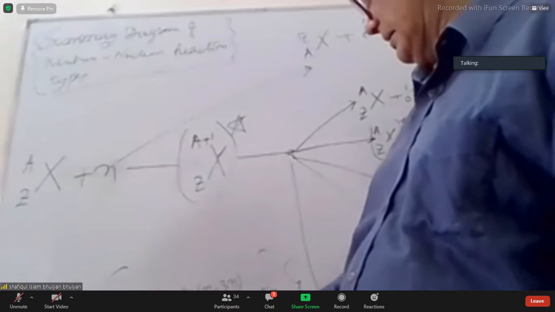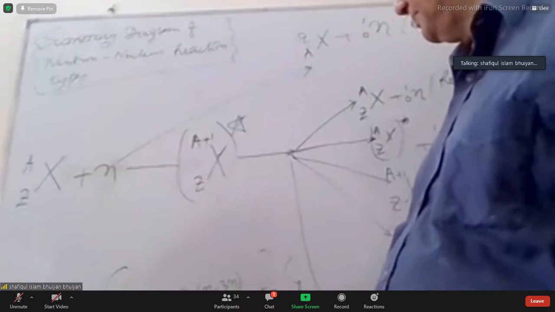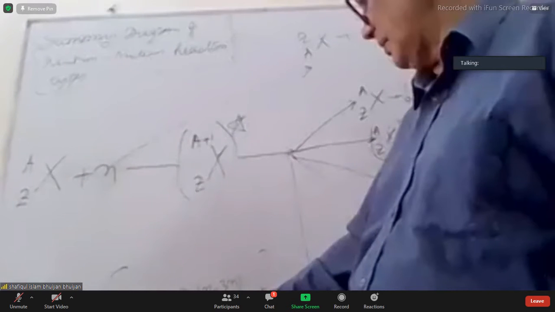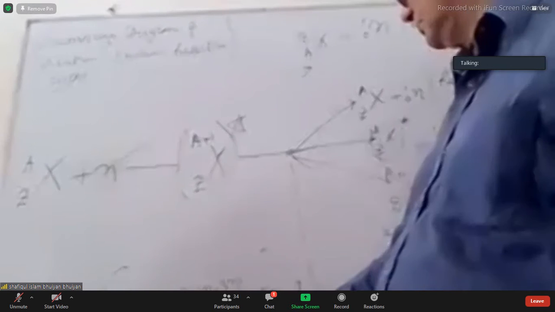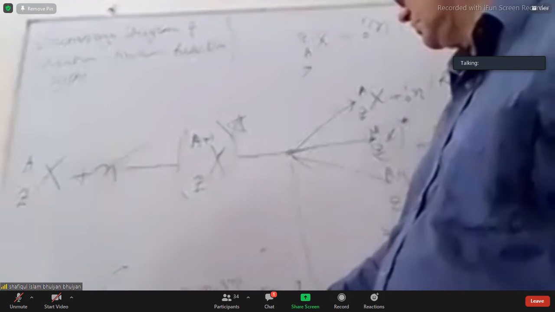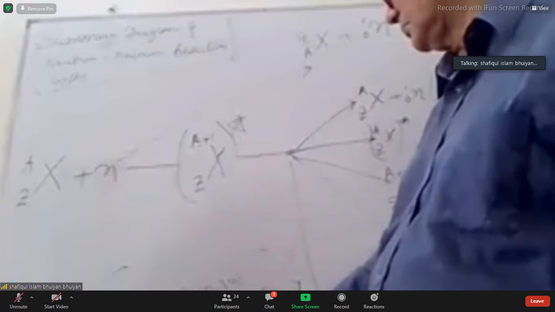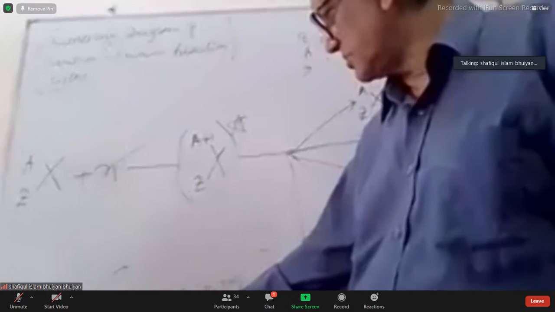And then we have the gamma radiation, that is the neutrons coming out with the charged particles. You remember these neutron sources?